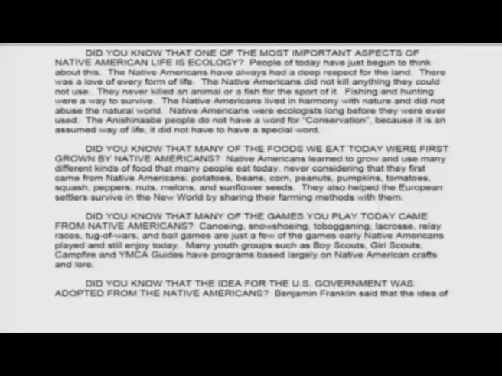So, this paragraph here, for example, talks about Native American contributions to ecology, and then this to foods, then this to games, then this to politics, the form of US government.